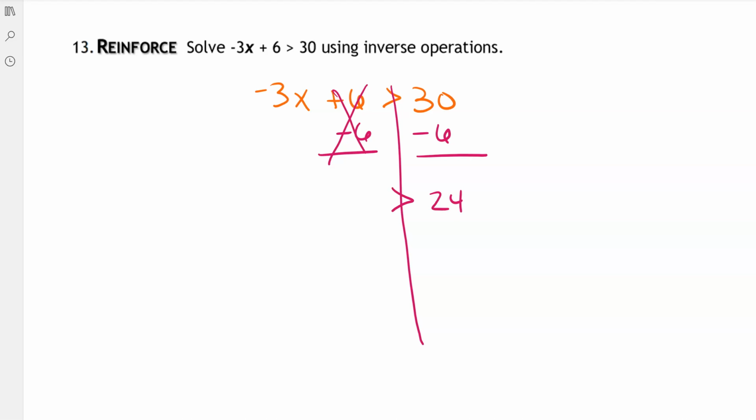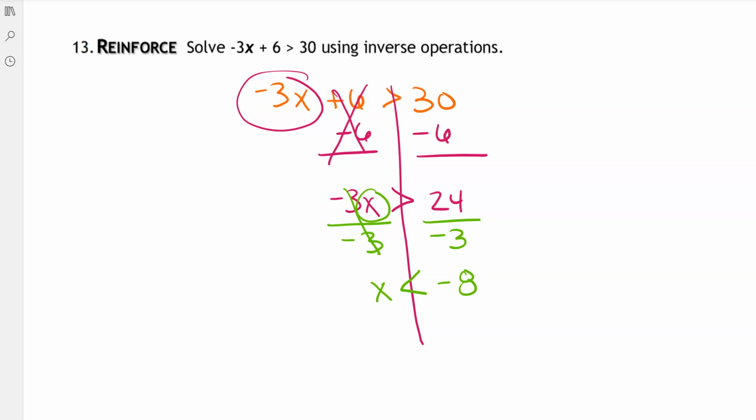Bring down my inequality. And then this is left here, so I need to write -3x. And now I'm dividing by a negative 3. And since I'm dividing by a negative, this inequality will then flip. I'm left with x there. And 24 divided by a negative 3 is going to leave me with a negative 8.